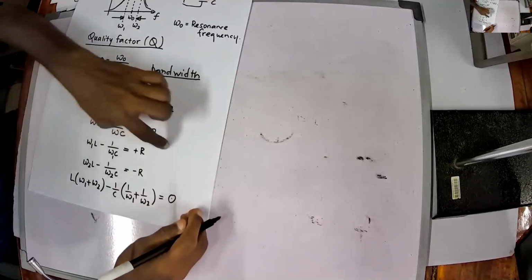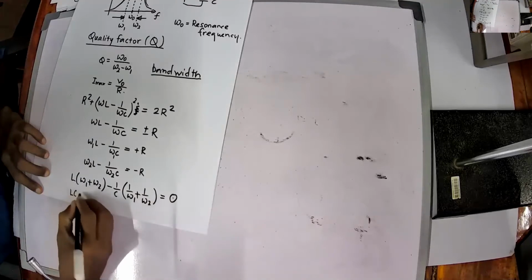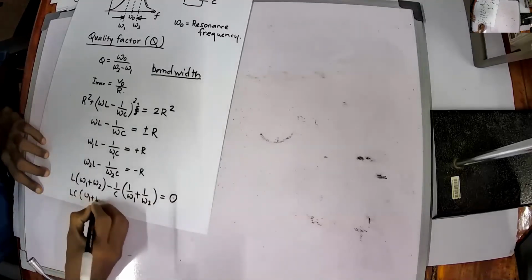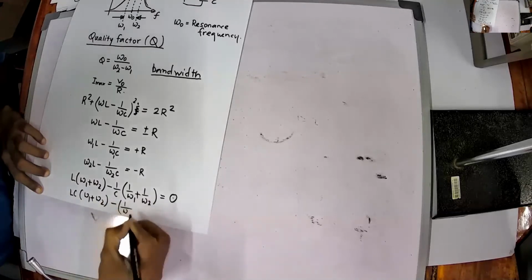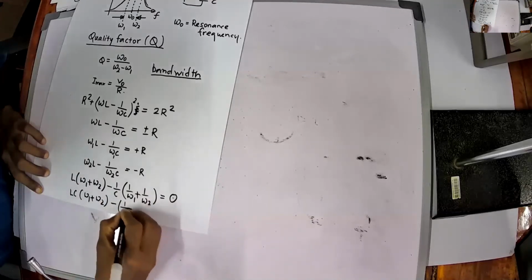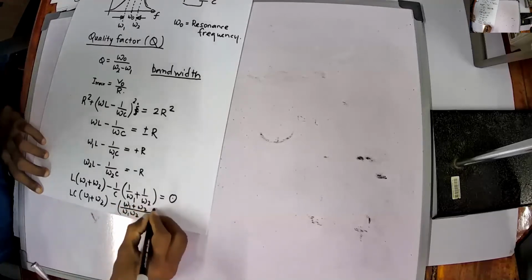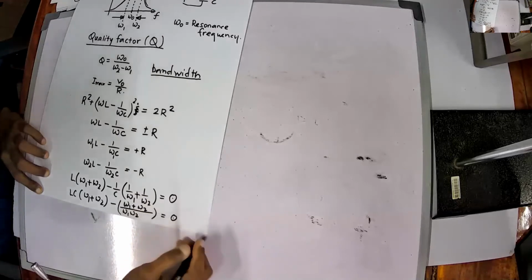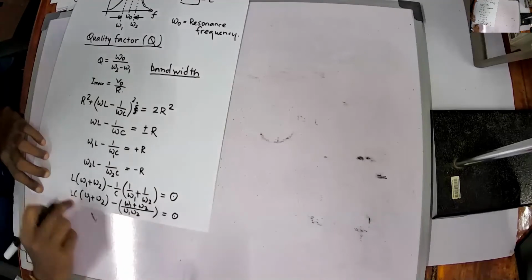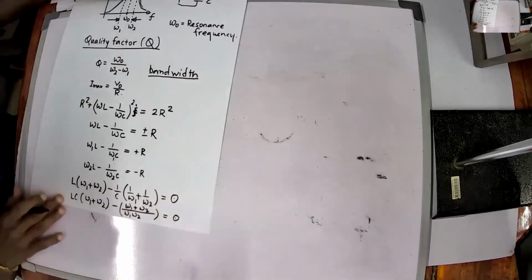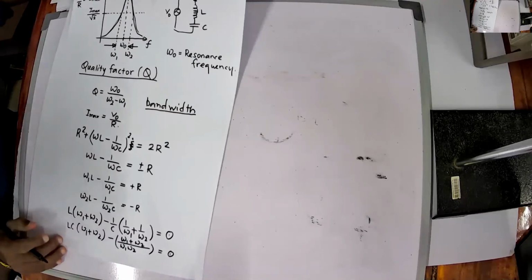Now just multiply everything by C. So LC into omega 1 plus omega 2 minus 1 over omega 1 omega 2, if I take these together, into omega 1 plus omega 2, equals 0. So I can bring it to the other side.